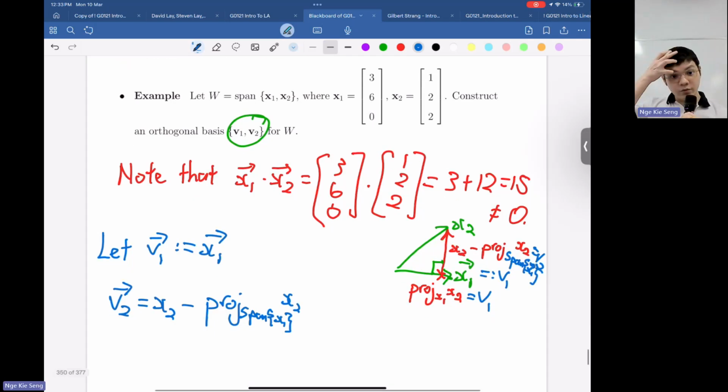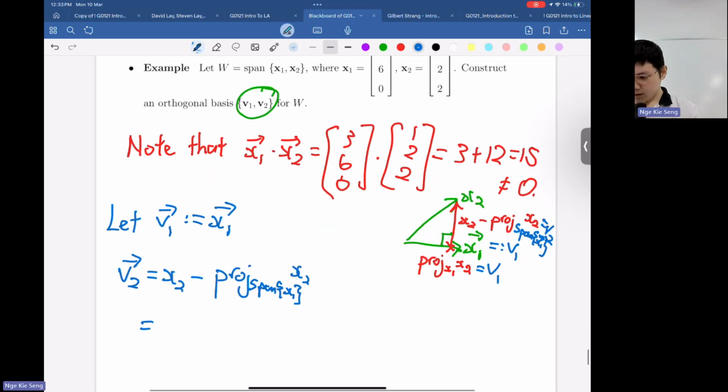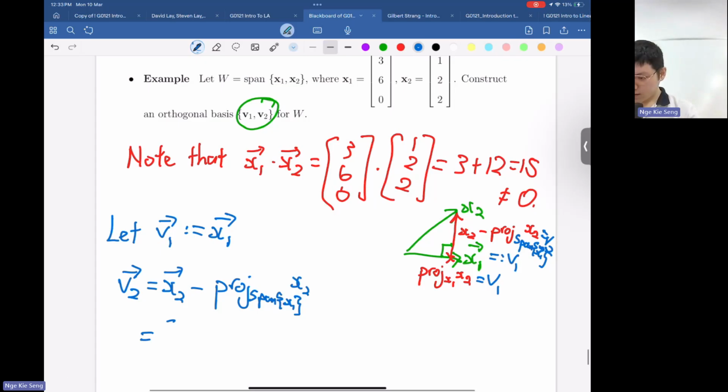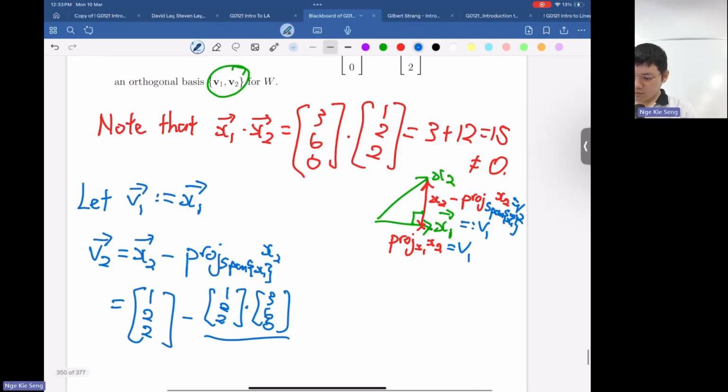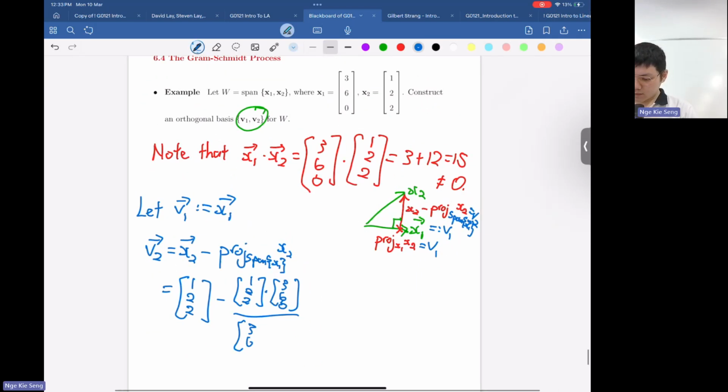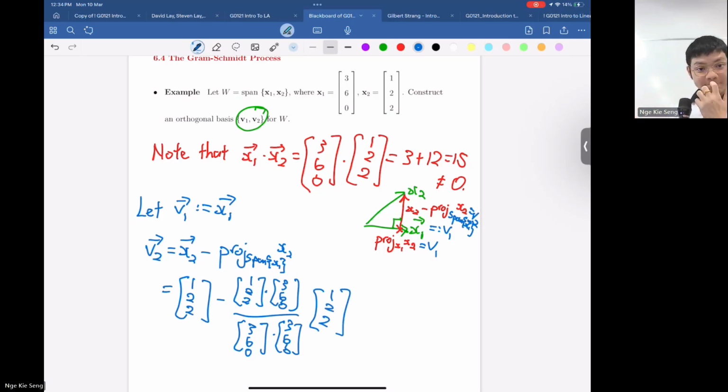So what do we compute here? x2 is (1, 2, 2). The projection onto the span of x1 is: you take x2 dot x1, divided by the length squared, so it's (3, 6, 0) dot (3, 6, 0), times x1.